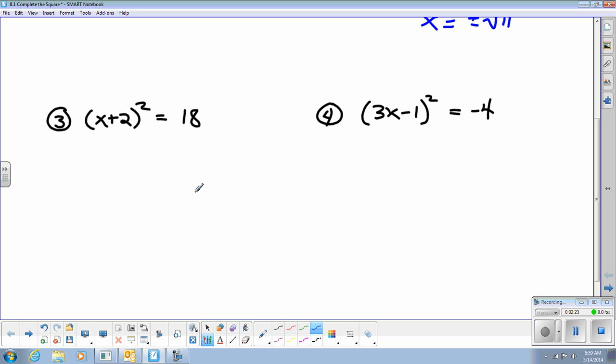Here for number 3 we have x plus 2 squared equals 18. On this one, I'm again going to square root both sides. The square root of x plus 2 squared is x plus 2. We did a lot of that back in chapter 7. And that's going to equal plus or minus the square root of 18.